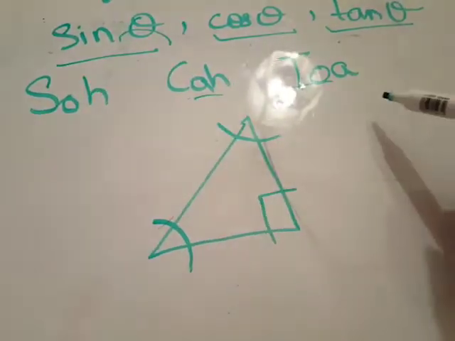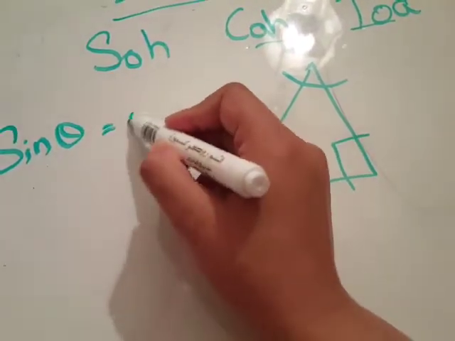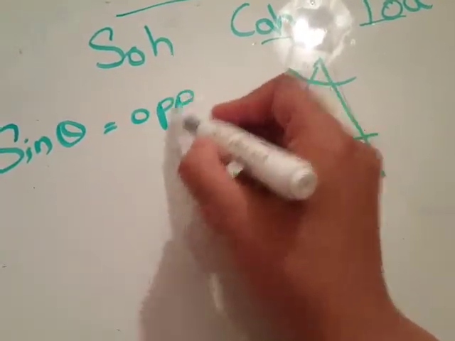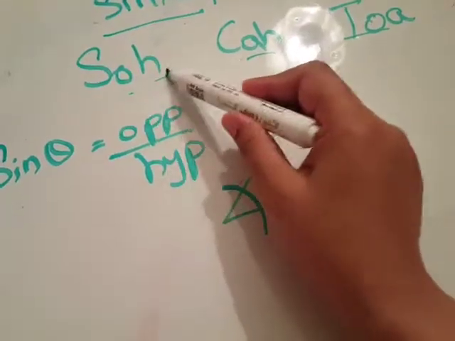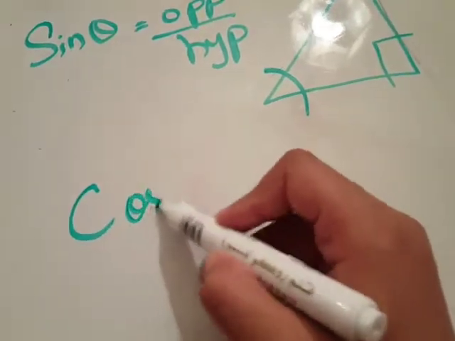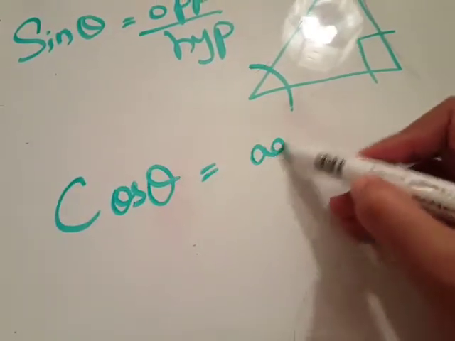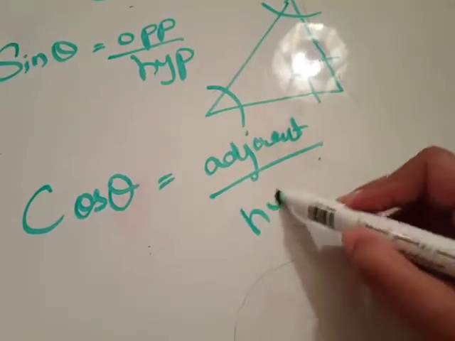So SOHCAHTOA means sine theta is opposite over hypotenuse. Then CAH: C is cos theta, A is adjacent, and H is hypotenuse.